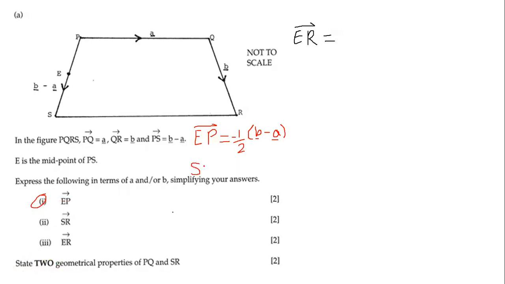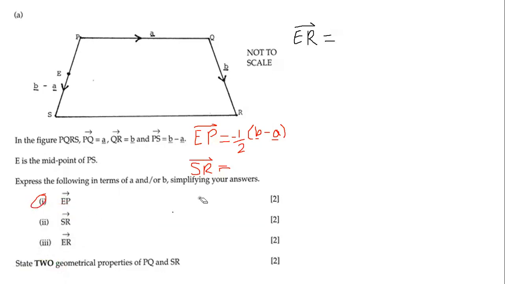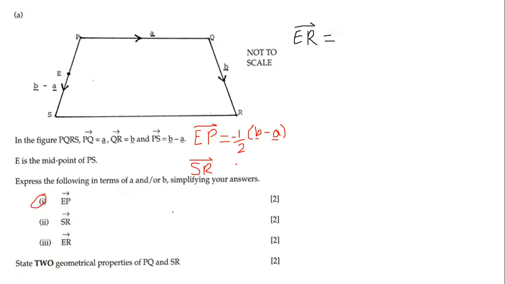We also saw that SR, the vector SR, is equal to 2A. If you have not seen that video and you need assistance, please consider watching it to get a more in-depth explanation.